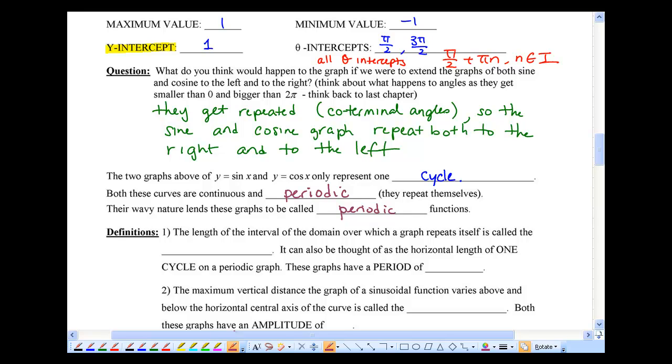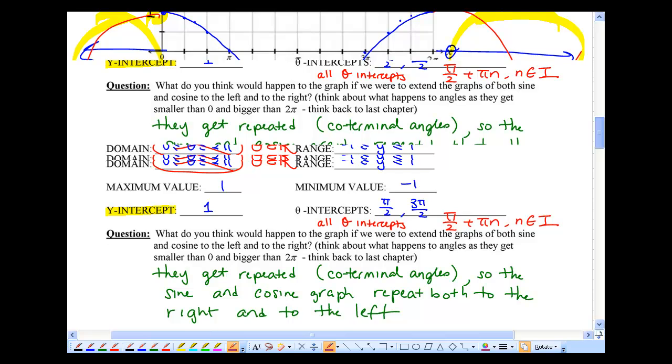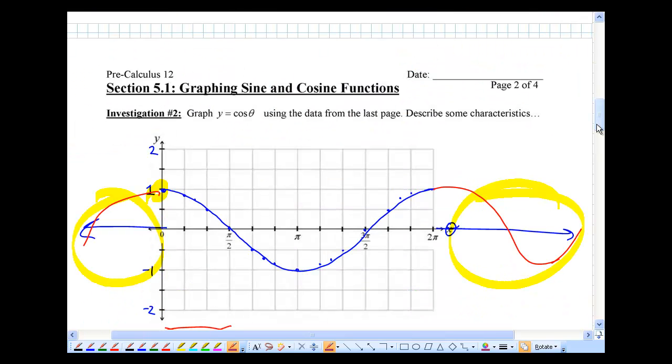Okay? A few more definitions here that you need to know when we're talking about these trig graphs. The length of the interval of the domain over which a graph repeats itself. So, like taking a look at one cycle. Okay, go back to the picture. One cycle of the graph. Okay, what's the length of one cycle? It seems in this case the length of one cycle would be going from 0 to 2 pi.